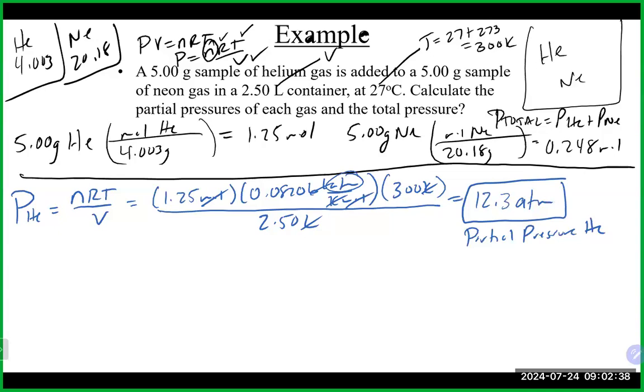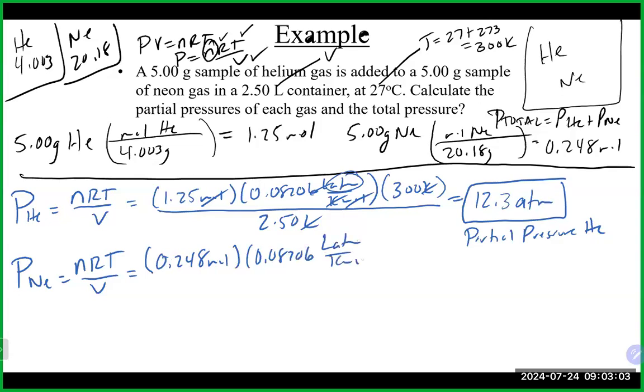Any question on that calculation there? Pretty much we're just going to roll with an identical calculation here for neon, except obviously in this case we're going to use the moles for neon that we calculated, and that was 0.248. 0.08206 being our gas constant. Same temperature again because they're in the same container, and same volume because they're in the same container.